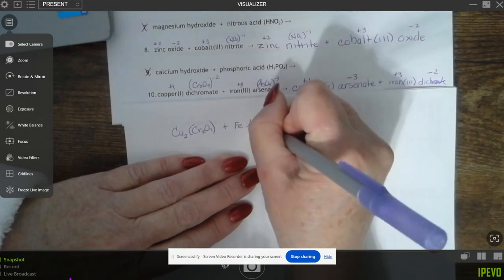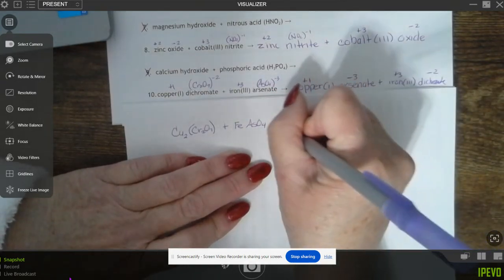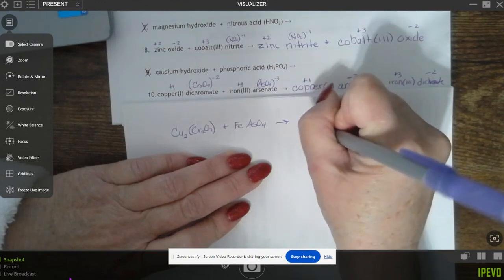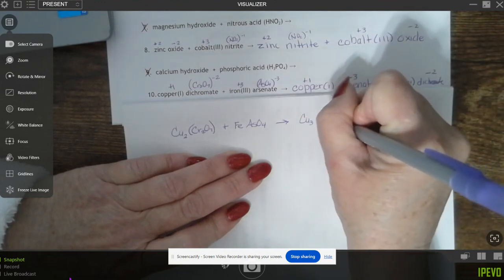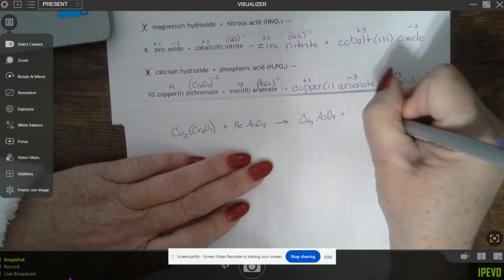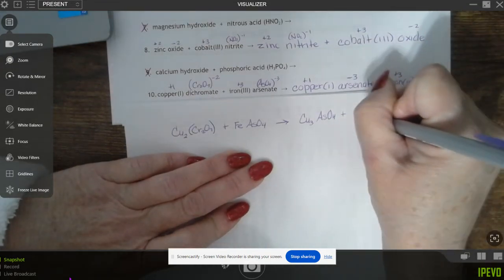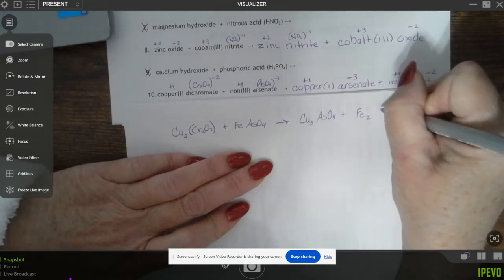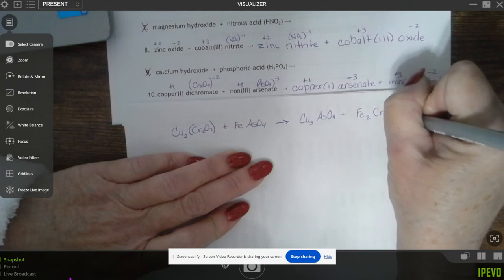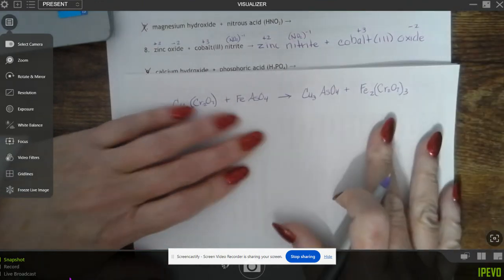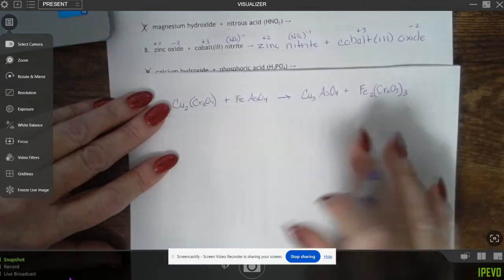Those are both 3, so the 3's cancel each other out, plus Cu3AsO4 plus iron 3, so Fe2(Cr2O7)3. All right, so let's balance this one.